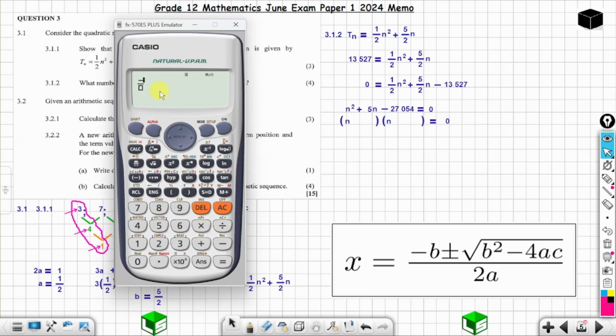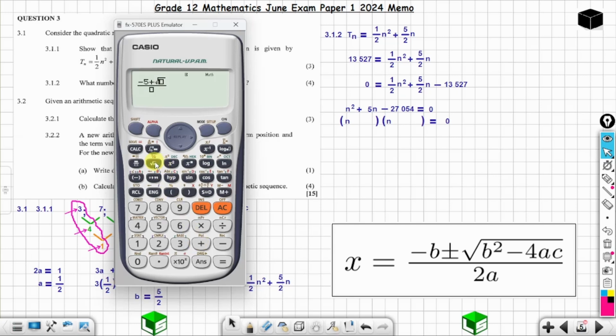So you have minus b, this is b, 5. You have a is equal to 1, b is equal to 5, c is equal to minus 27,054. So minus b plus or minus, let's use plus first, and then we are going to use minus after.